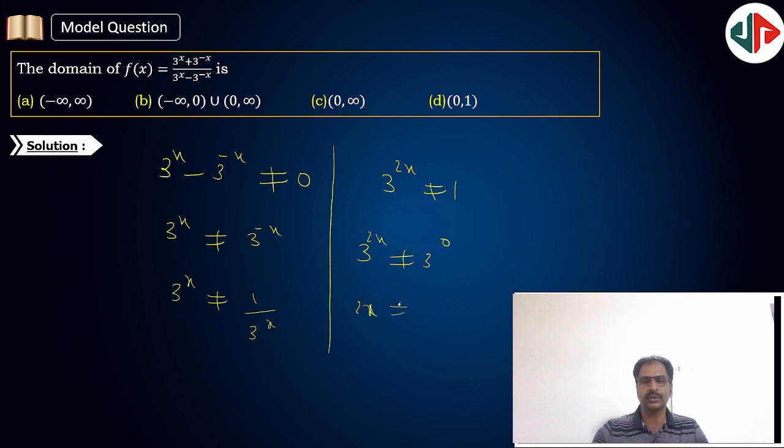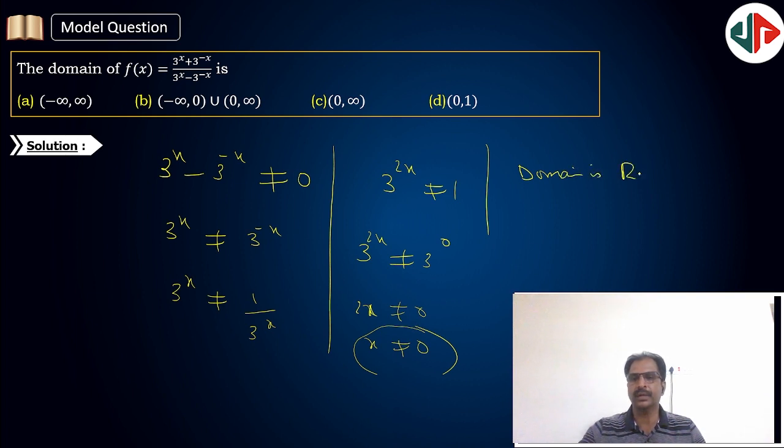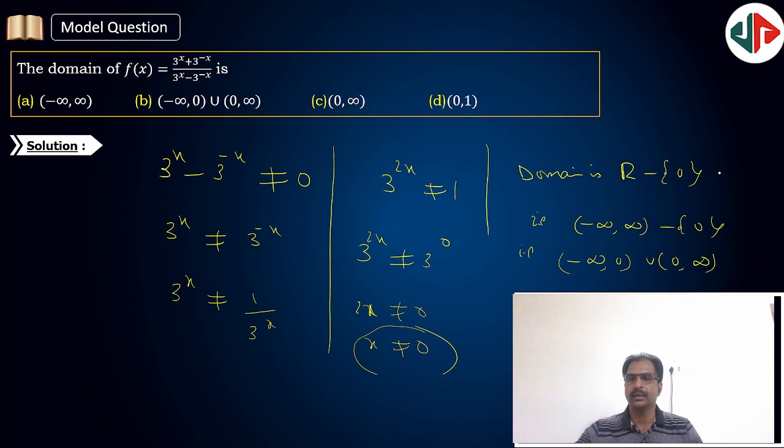So 2x should not be 0 or x should not be 0. If x should not be 0, what is the domain then? All real except 0, which is same as all real means minus infinity to infinity minus 0, which is also written like this. All the three gives the same meaning. All are one and the same. So here option B is the correct answer.